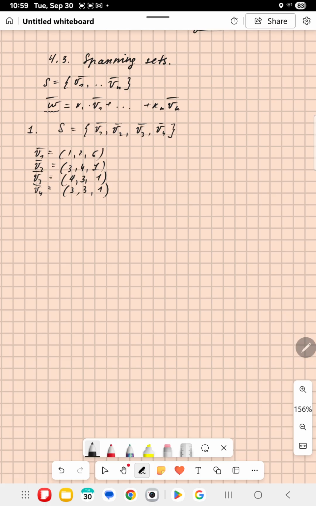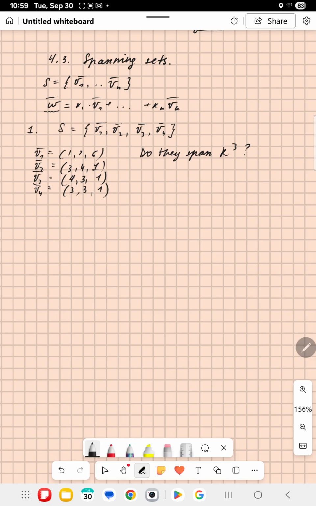The question is, do they span R3? So what does it mean to span R3? When you take the span of these vectors, is it going to cover all of the space of 3-dimensional vectors? Can you express any 3-dimensional vector as a linear combination of these 4?